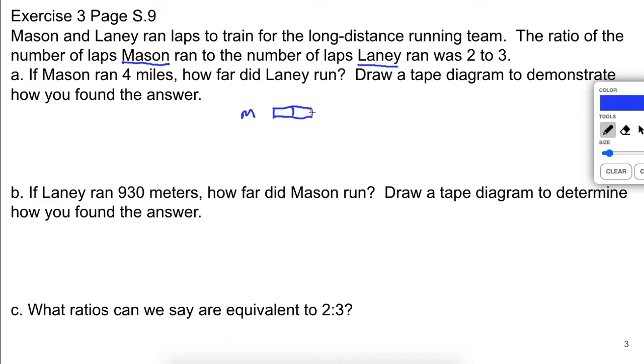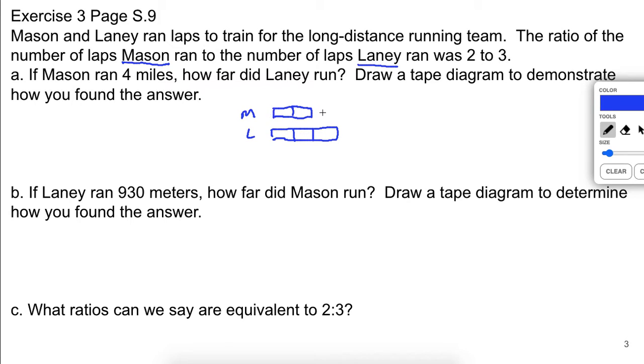You can call these bins, boxes, whatever you want, but it's going to have 2 parts. And then Laney, since the ratio is 2 to 3, will have 3 parts. Now these don't have to be drawn perfectly, but you do need to realize these parts all represent the same amount. And that's important with ratios, is these parts are all the same amount, and that's what's going to help us solve these problems.